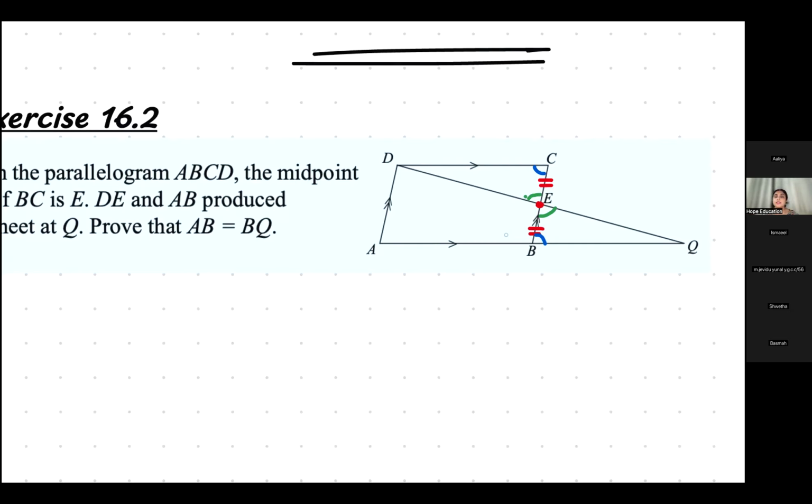And we know this side and this side are equal because it's given. It says midpoint, so the easiest thing we can do is make these two little triangles congruent. If we make them congruent, we can say that this is equal to this. Why? Because corresponding sides of congruent triangles. Shall we start from there?